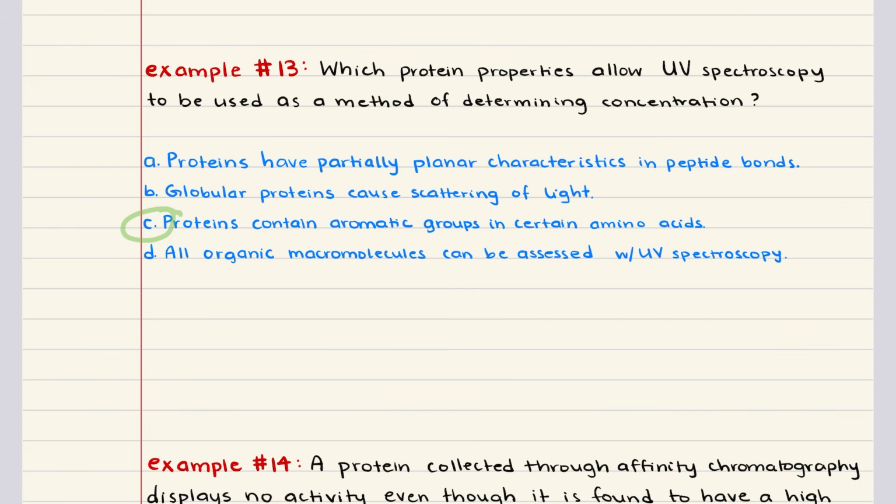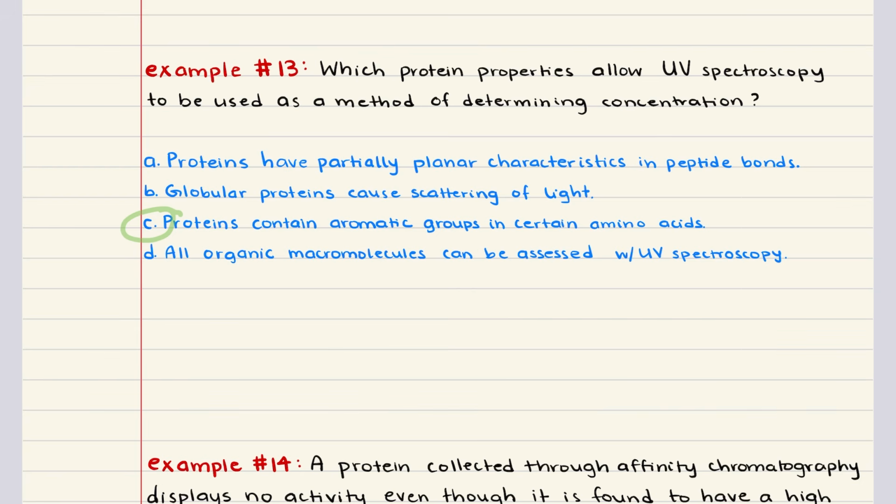So when using UV spectroscopy to measure protein concentrations, we rely on the fact that certain amino acids absorb UV light, specifically the aromatic amino acids like tryptophan and tyrosine, and to a lesser extent, phenylalanine. These absorb strongly at 280 nanometers, which is why absorbance at this wavelength is commonly used to estimate protein concentration.